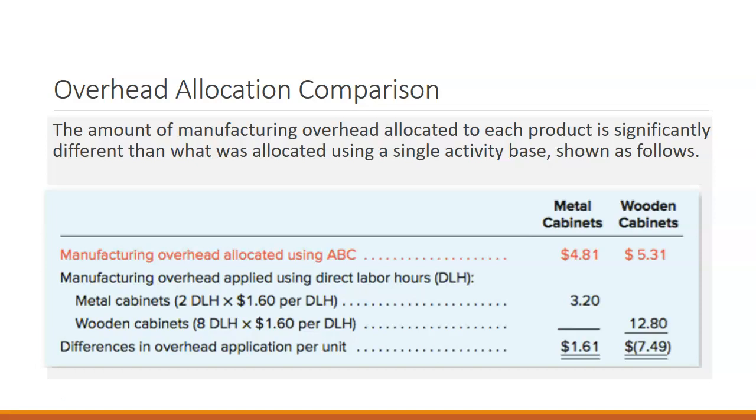So what you found is that because metal cabinets, we make 42,000 metal cabinets per year as compared to 9,000 wooden cabinets, we can apply more overhead to metal cabinets. They take up more factory space, we produce more.